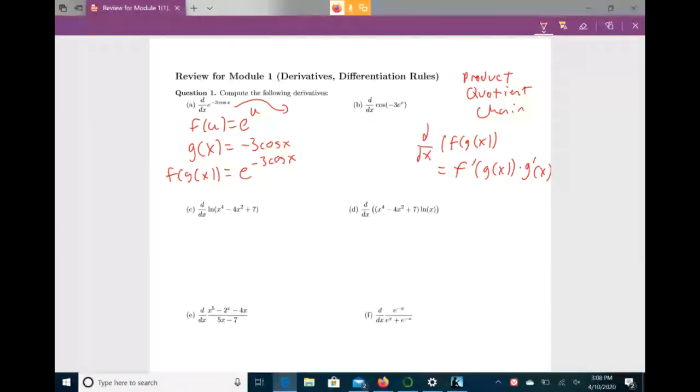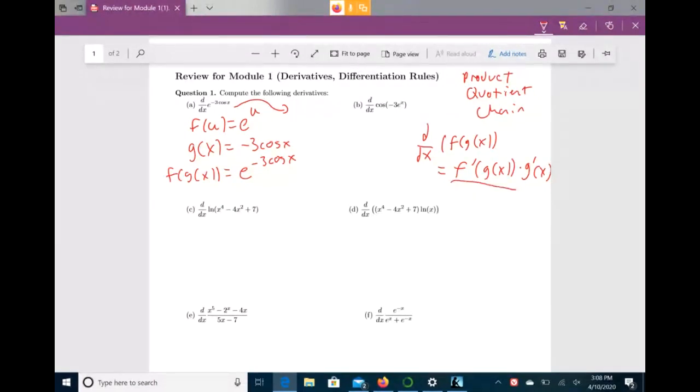So what is the derivative of e to the u, or e to the x? Good, just e to the u or e to the x, right? So f prime evaluated at g will be e to the -3 cosine x. Then you multiply by the derivative of the inside.